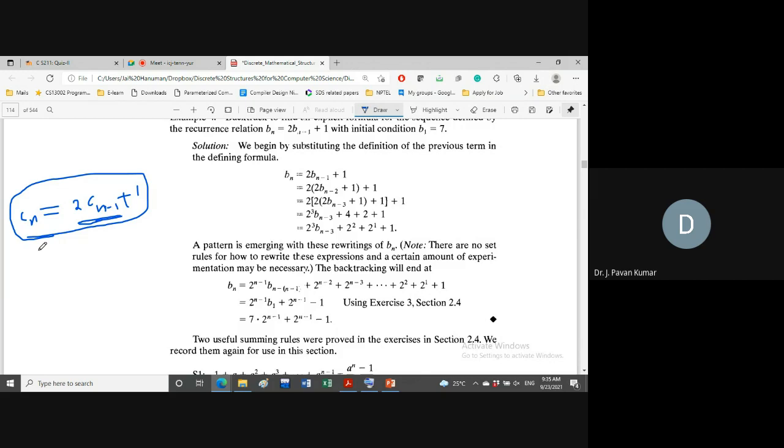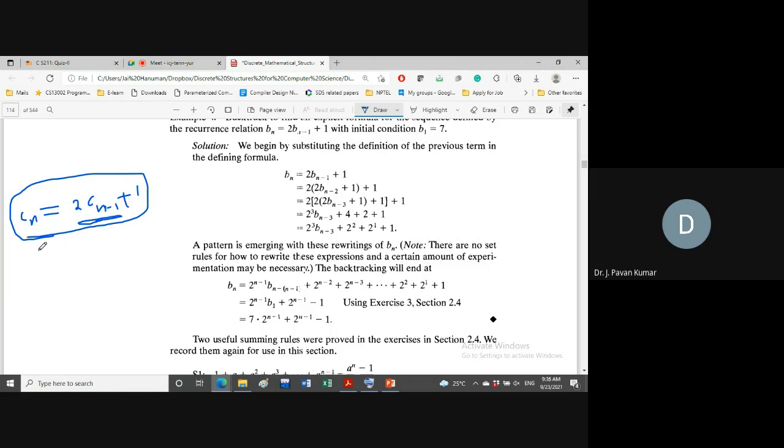But if you have a recursive formula, in order to calculate the value of the nth element in the sequence, we need to calculate previous elements. Only then could we calculate the nth element in the sequence.